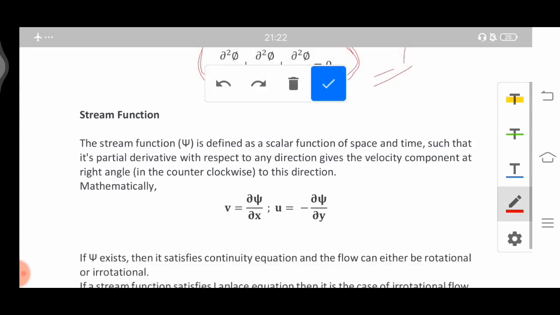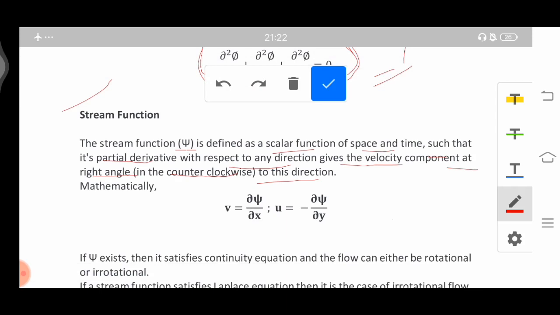Next is the stream function. The stream function psi is defined as a scalar function of space and time such that its partial derivative with respect to any direction gives the velocity component at right angle in the counterclockwise direction to this direction.